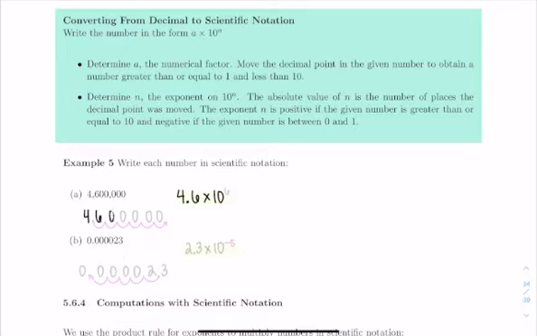So if I'm putting my decimal place here, how many spots do I have to move to get to the original number? 1, 2, 3, 4, 5, 6. And that's going to be a positive 6.